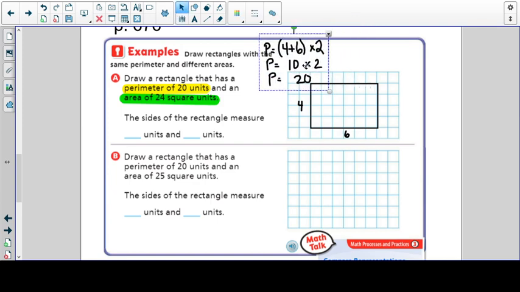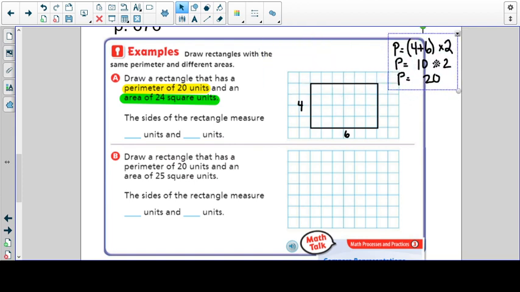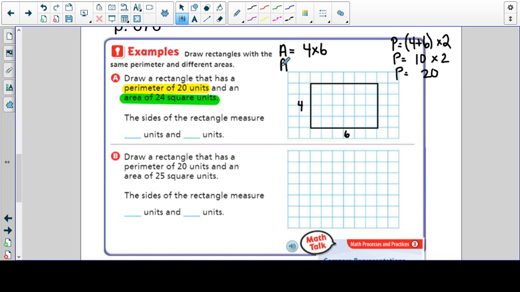So we'll just go ahead and move this out of the way here. Now let's figure out the area. So the area is equal to the length times the width, or in this case 4 times 6, and that area is going to be 24.